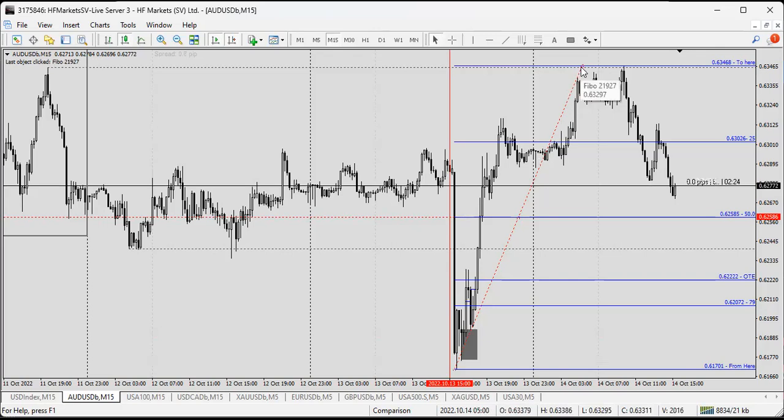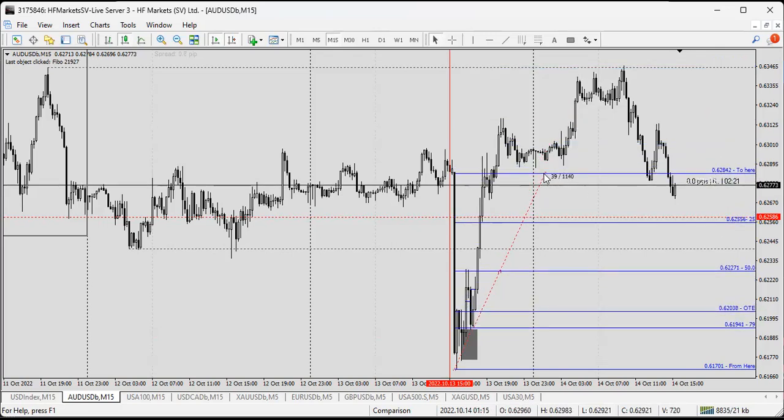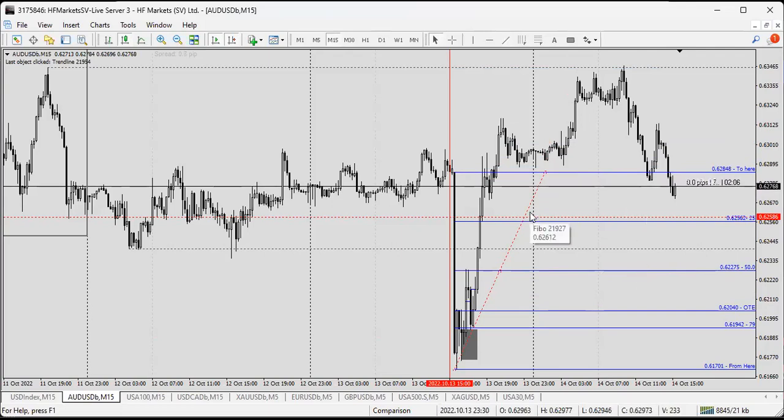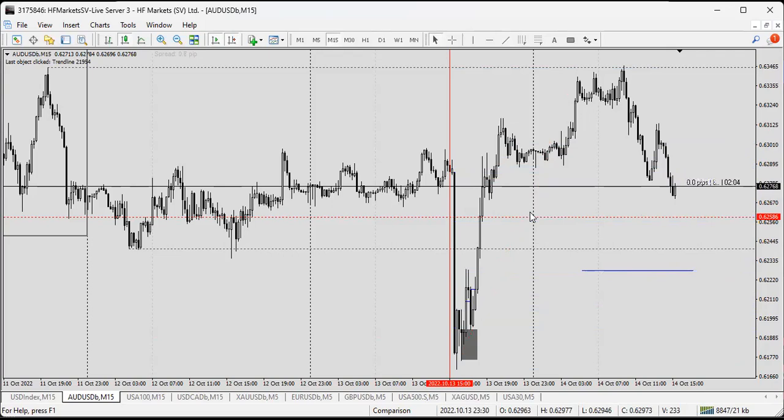So sticking to the rules, that down candle here, and 50% of that down candle is coming in here. So inside there should be where long setups form. That's all we need.